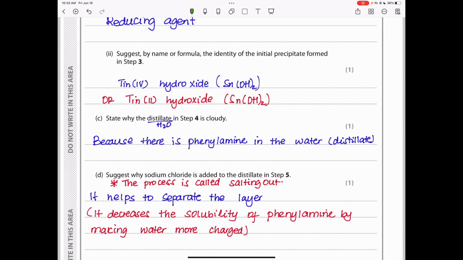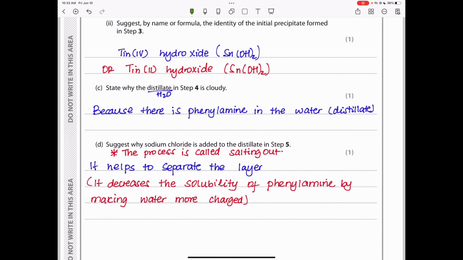So phenylamine in water. Question D says, suggest why sodium chloride is added to the distillate. Sometimes when things are not separating properly, when you have an aqueous and organic layer that are more miscible into each other than you want, it means you cannot separate them into layers. So you add salt.